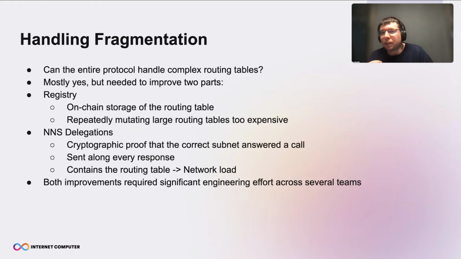There, the problem was that every call to the Internet Computer needed to prove that the right subnet answered, which it did by including the routing table, which after a couple of migrations might lead to too much network load. So we needed to improve that.